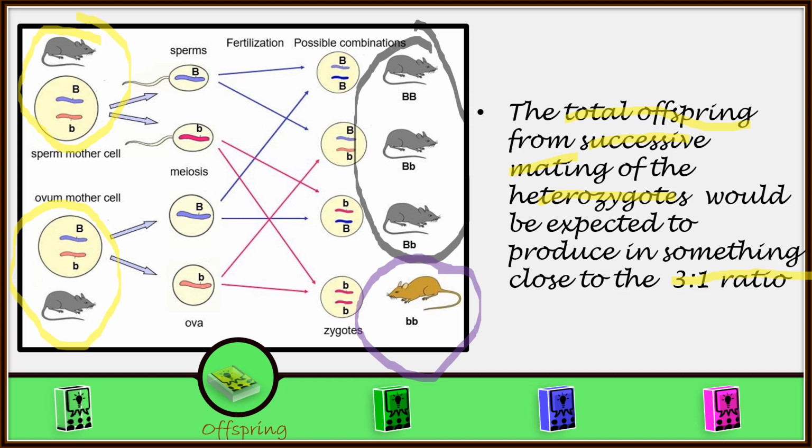So when we cross the heterozygotes, which are capital B small b and capital B small b, we are going to get a ratio of 3 blacks and 1 brown.